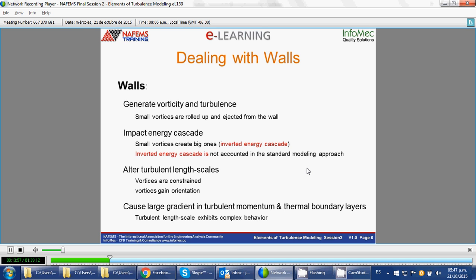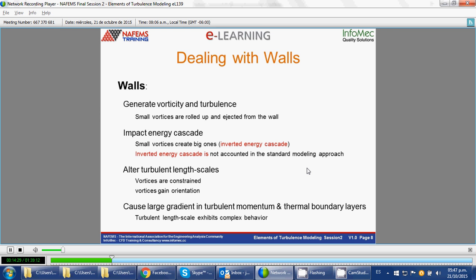One of the major categories of turbulence is wall-bounded turbulent flows, with walls in our domain, which happens quite often. I think in the majority of cases we deal with some sort of wall configuration in the flow. So we need to deal with walls, and walls make things very complicated. And I'll talk about it.